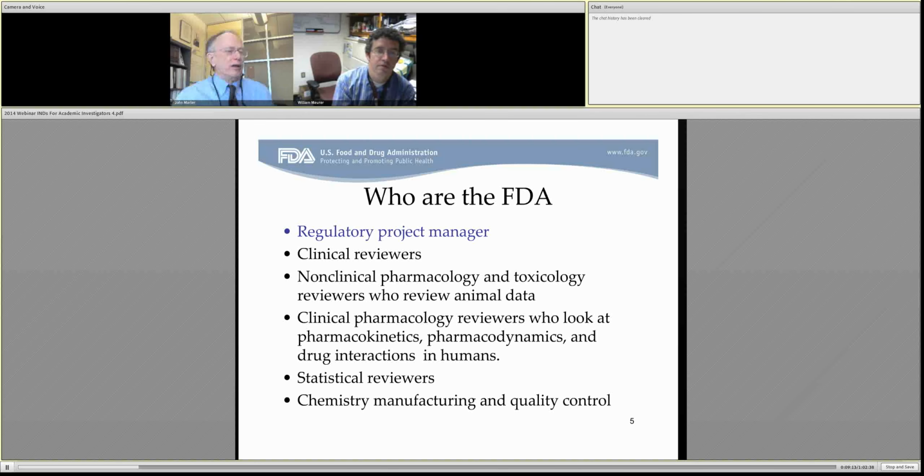Each year I have growing respect for the PhD pharmacologists and toxicologists that look at the animal data that is submitted to justify the first use of a drug in humans. In other words, to look at the non-clinical safety.